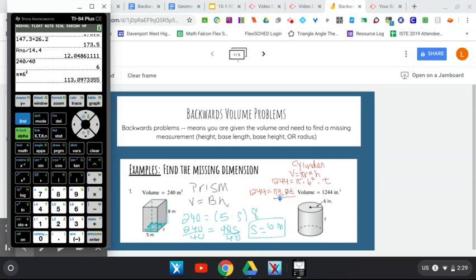Then we'll divide by the 113.1, which cancels out over here. And t equals, let's find out: 1,244 divided by 113.1. Hit enter and you get, basically we're going to call that 11. So t would equal 11 for that one.